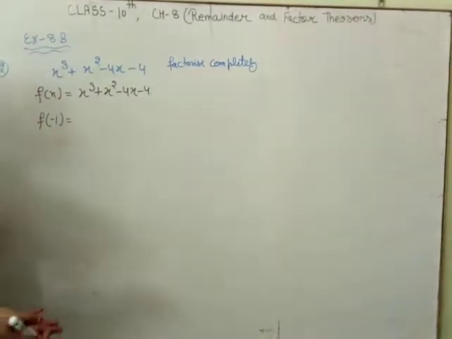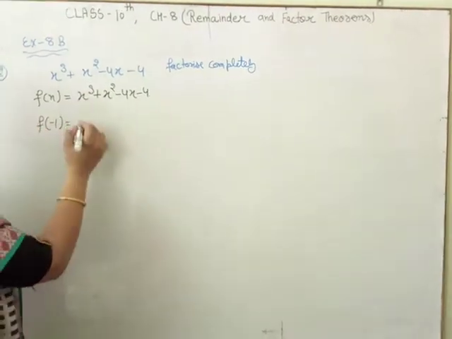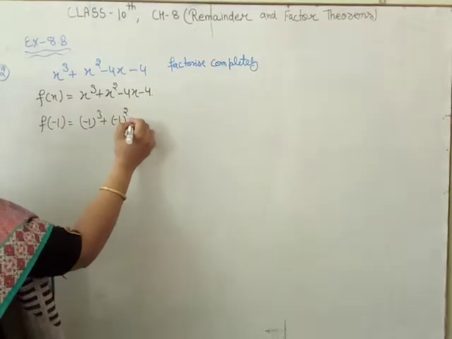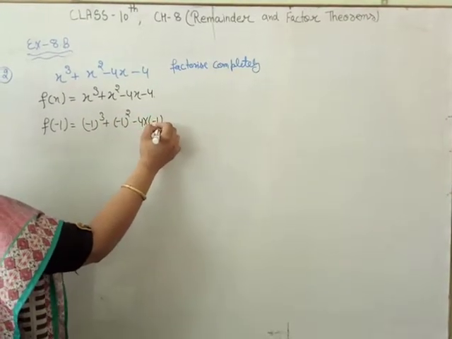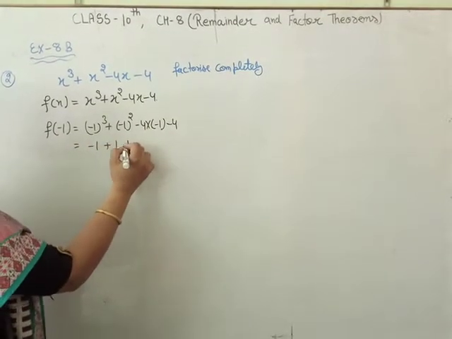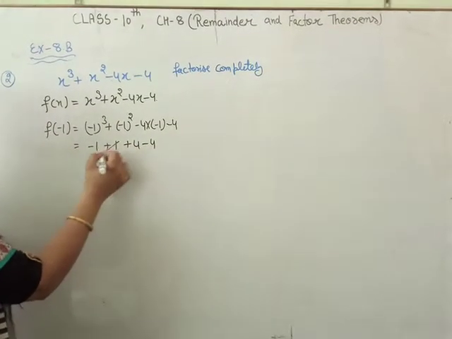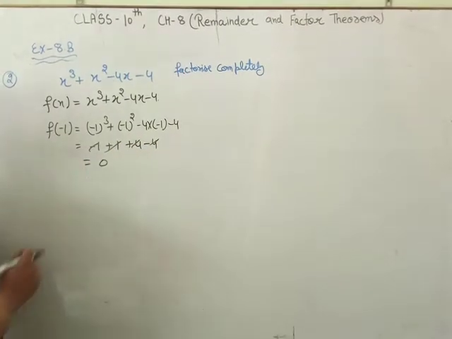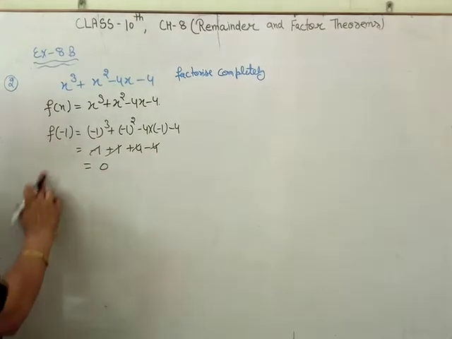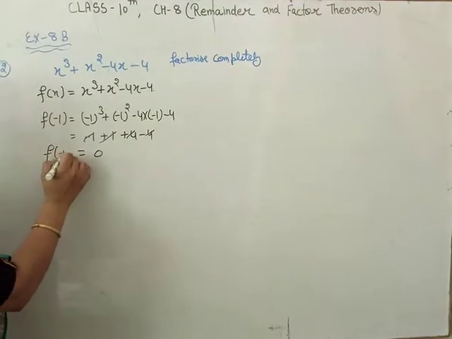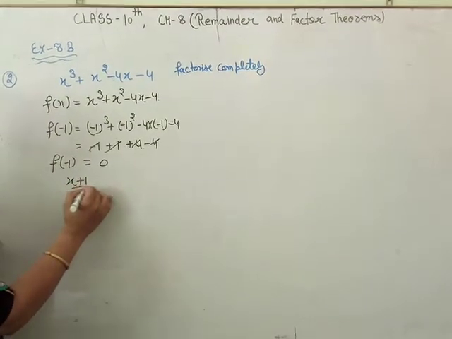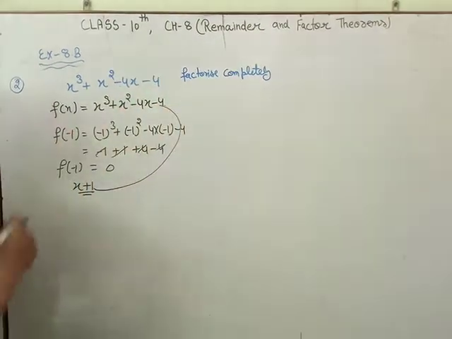Next we use in place of x, minus 1, then minus 1 cube plus minus 1 square minus 4 into minus 1 minus 4, minus 1 plus 1 plus 4 minus 4. Then this equal to 0. Student, if we put minus 1 in place of x and this equal to 0, f of minus 1 equal to 0, that means x plus 1 is a factor of this expression.